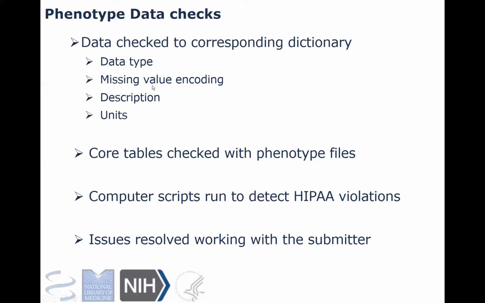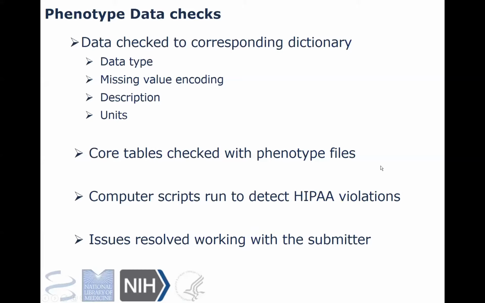We want to make sure any encoded values are described, so that the end user would know what number 2 means in a code. We make sure that the description is understandable at a basic level, and if there are things like height or weight, we know what the units of those are, so that there's no confusion later.